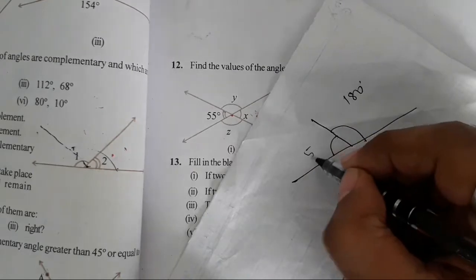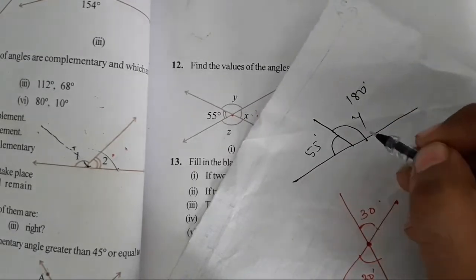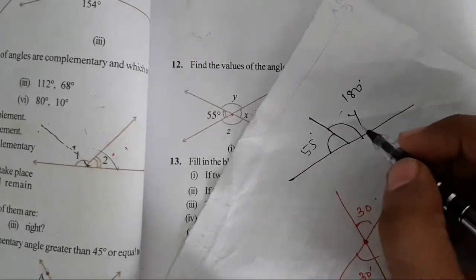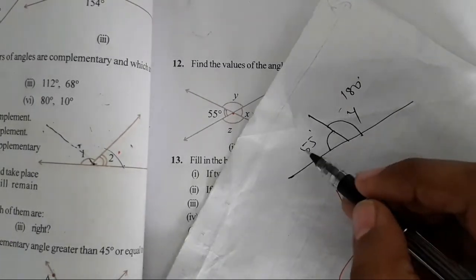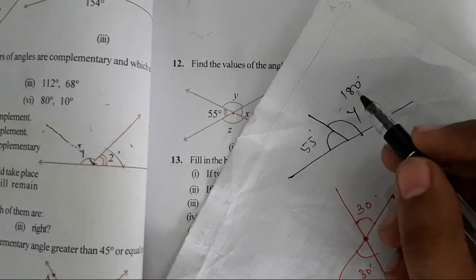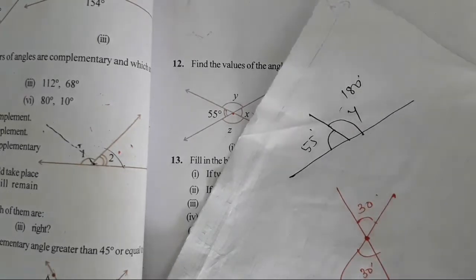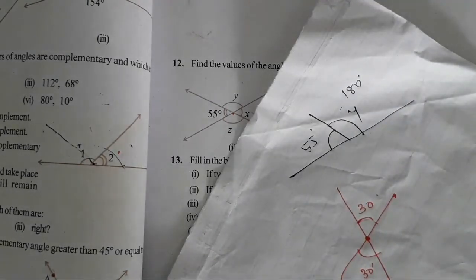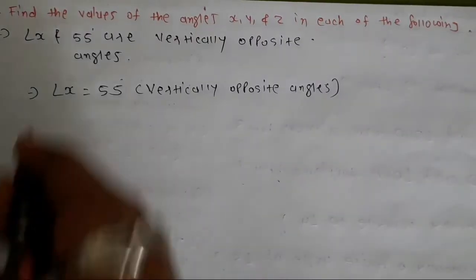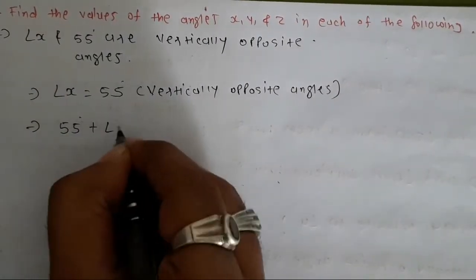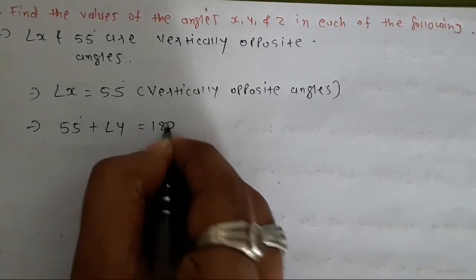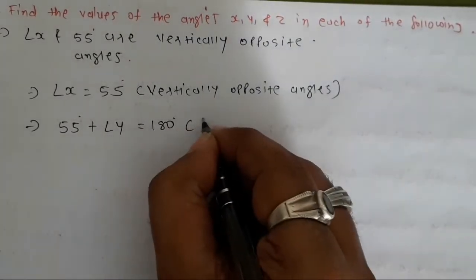For example, this one is 55 and this one is y. If I have to find the measure of angle y, I will subtract 55 from 180. So here I may write: 55 degrees plus angle y is equal to 180 degrees, and in bracket we can write linear pair.